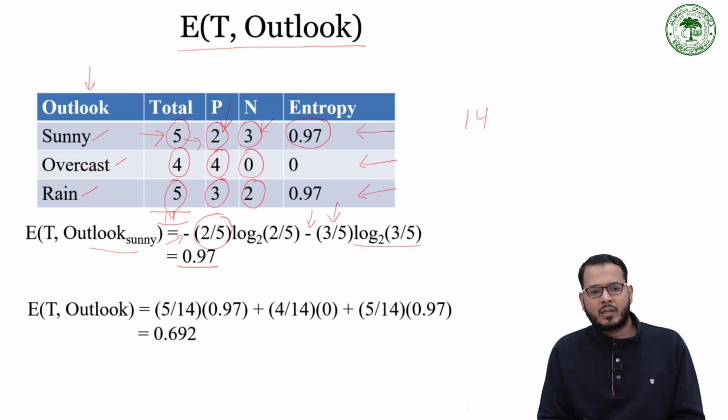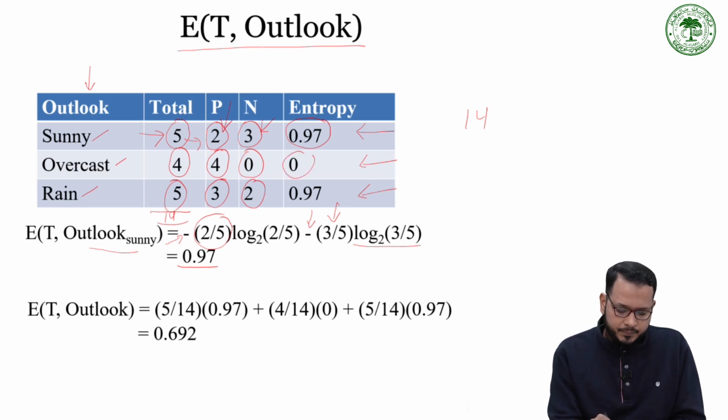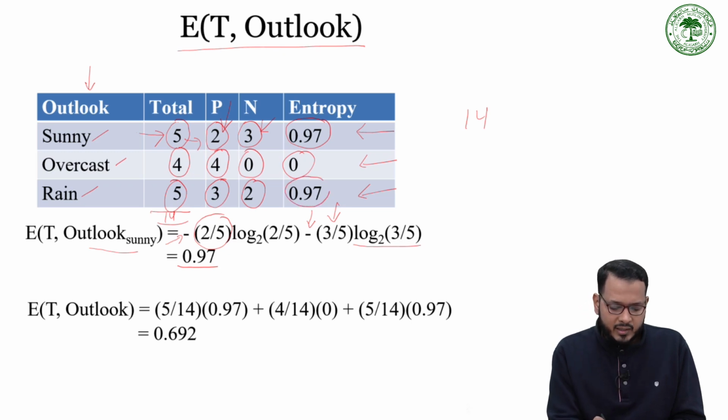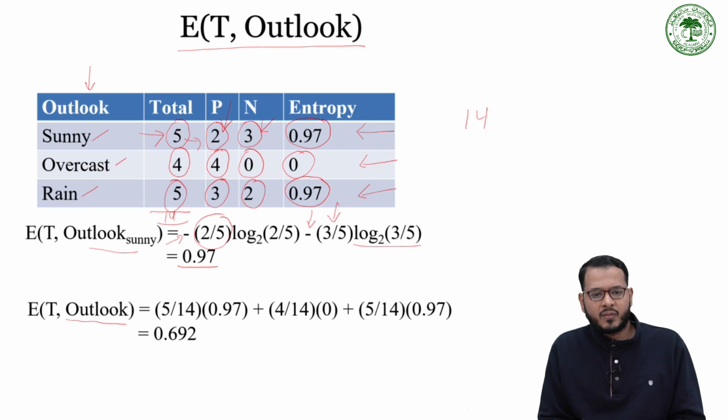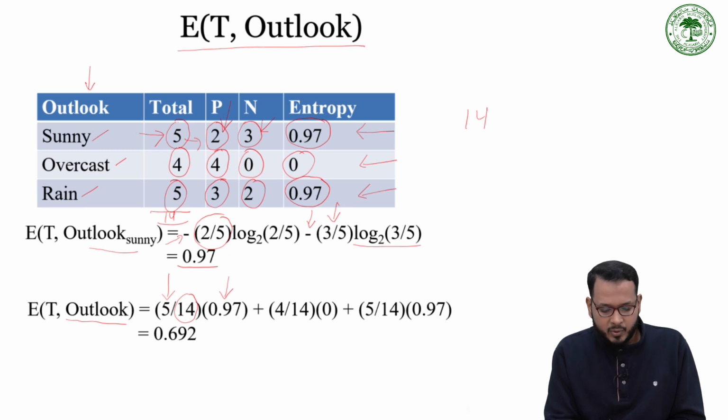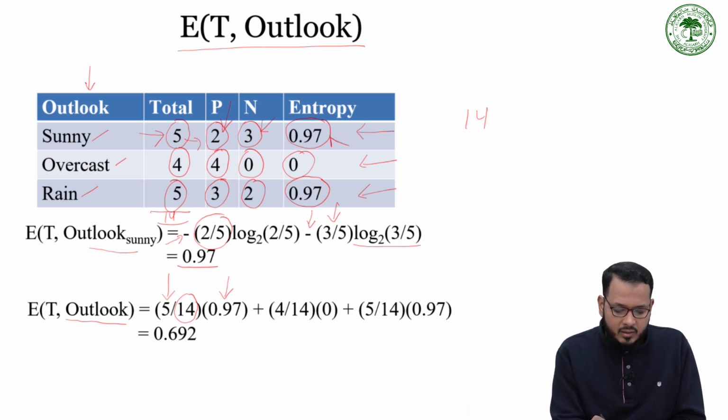Similarly, we can calculate the entropy for overcast, it would be 0. And for rain also, it would once again be 0.97. So the entropy of the overall Outlook attribute is the weighted average of sunny, overcast, and rain. That is the portion of sunny divided by total examples, which are 14, multiplied with the entropy of sunny, 0.97, as you can see here, plus the number of examples that belong to overcast.